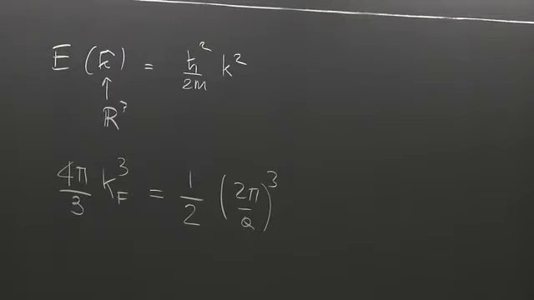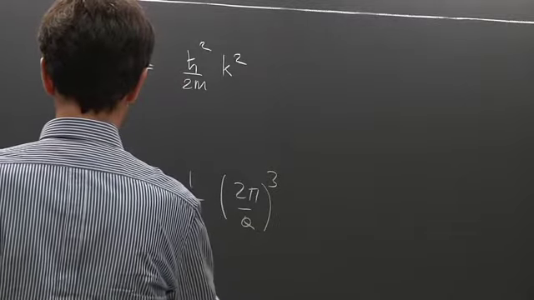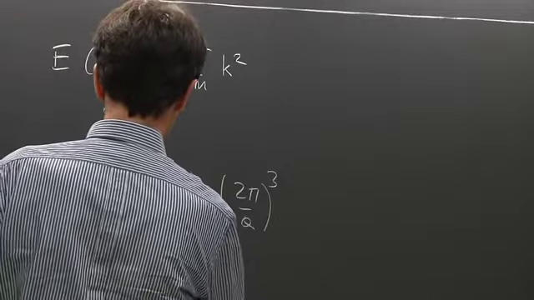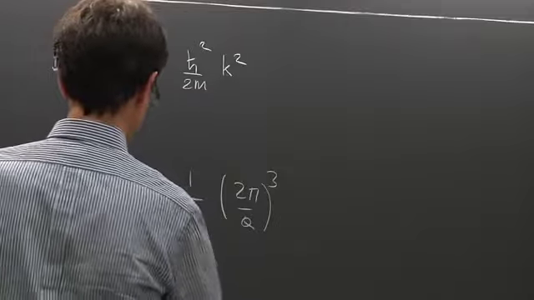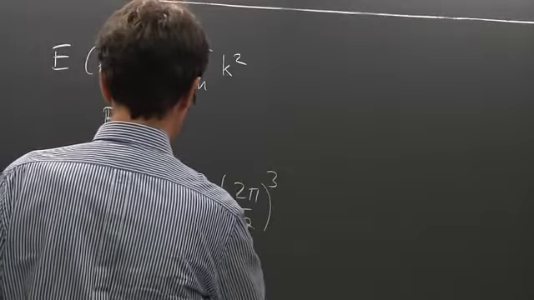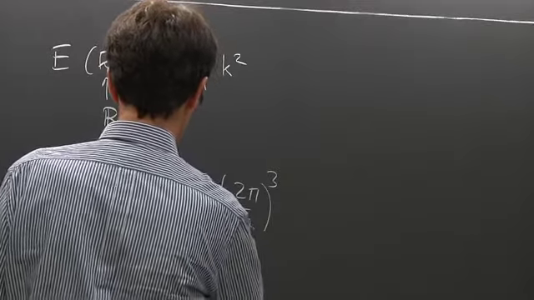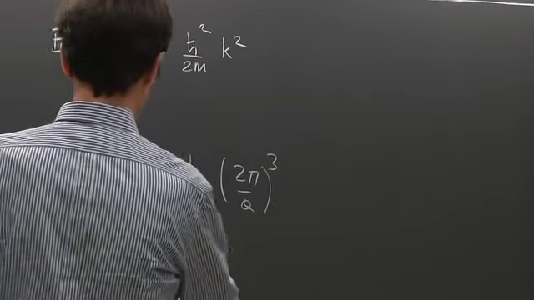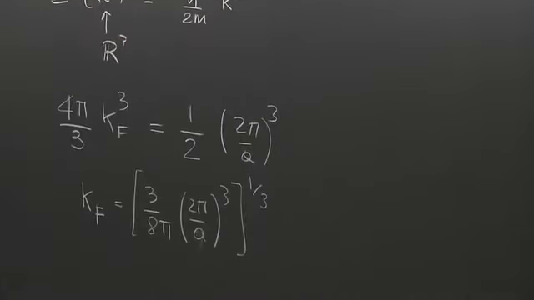All right, so Kf is equal to 3 over 8 pi, times 2 pi over a cubed, to the 1/3, obviously.